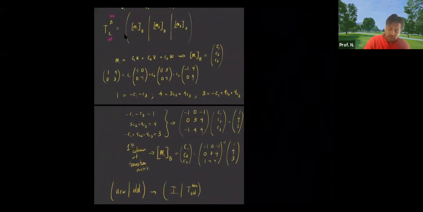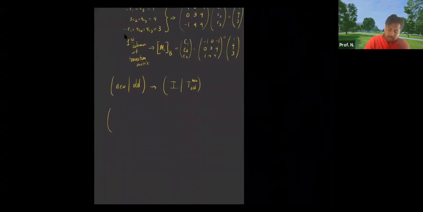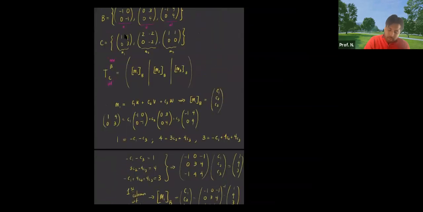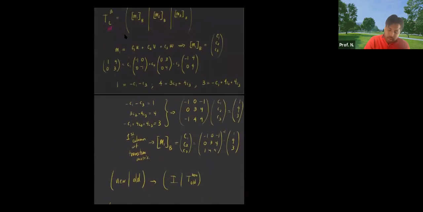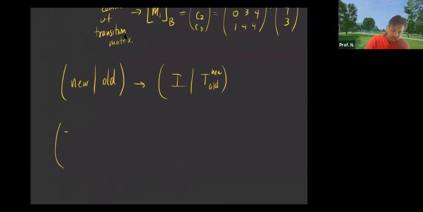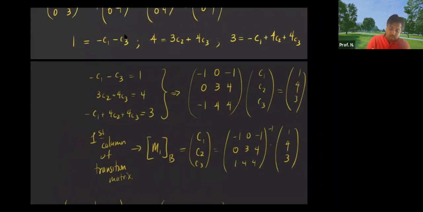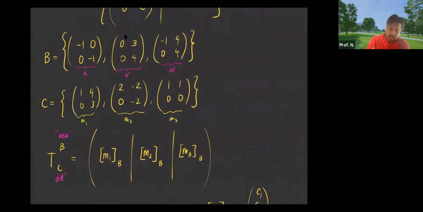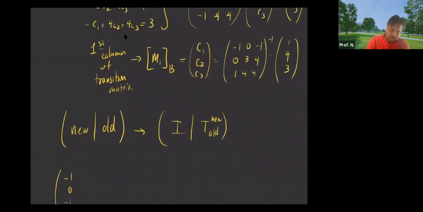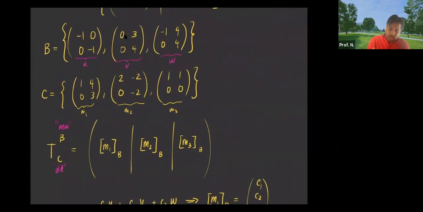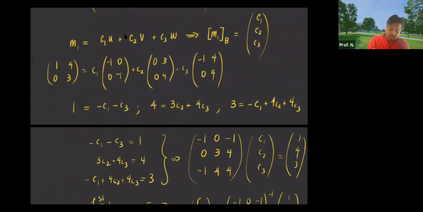Try doing the new. What would be the new? The new would be, try this, negative 1, 0, negative 1. That's the first column. Then the second column would be 0, 3, 4. And then the third column would be negative 1, 4, 4.